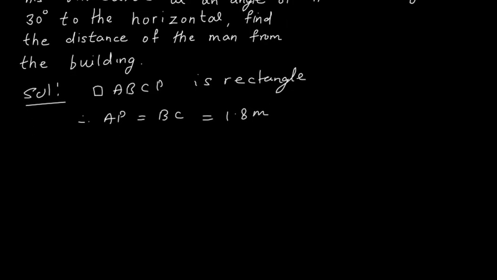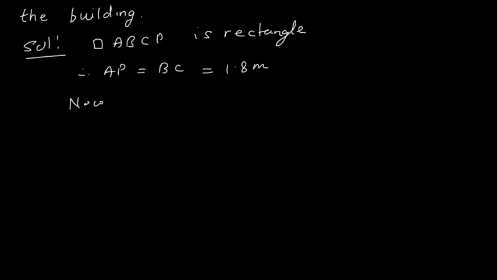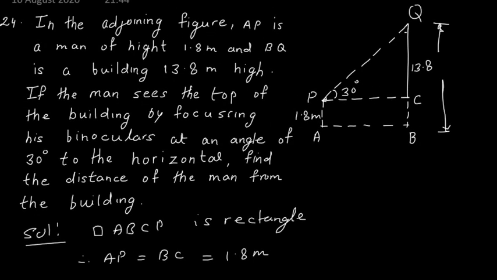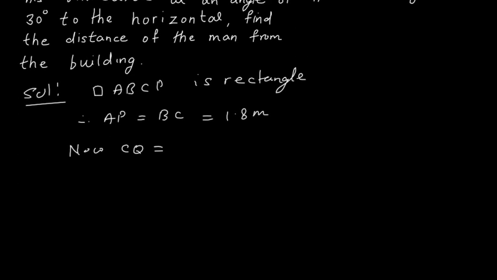Now CQ is equal to BQ minus BC. So BQ is 13.8 minus BC, which is 1.8. This gives me 12. So the value of CQ is 12.